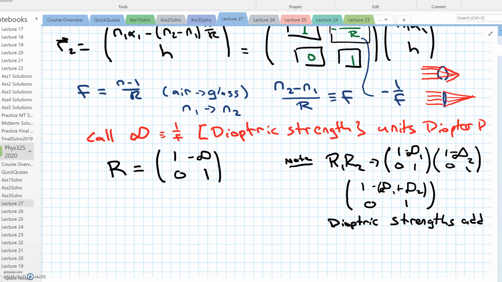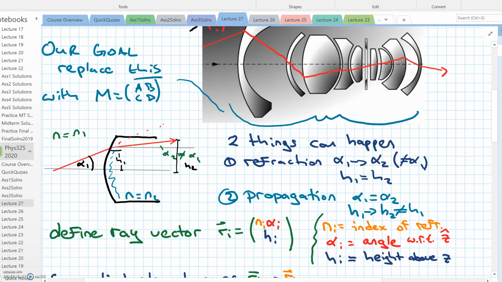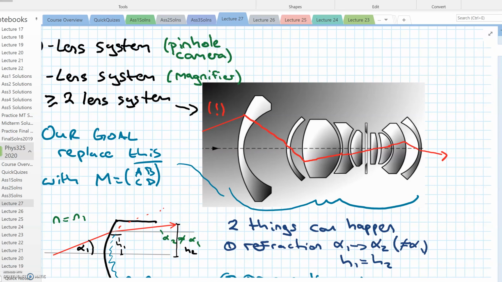Yeah, dioptric strengths add. So it turns out with these two matrices that we have, we already can solve that crazy complicated system here. If we know the radii of curvature, we can immediately get the focal lengths and therefore the dioptric strength of each one of these surfaces. If we know the lens thickness of these crazy lenses, we can get the translation matrices, and we just mash them together, and we're going to get some matrix.